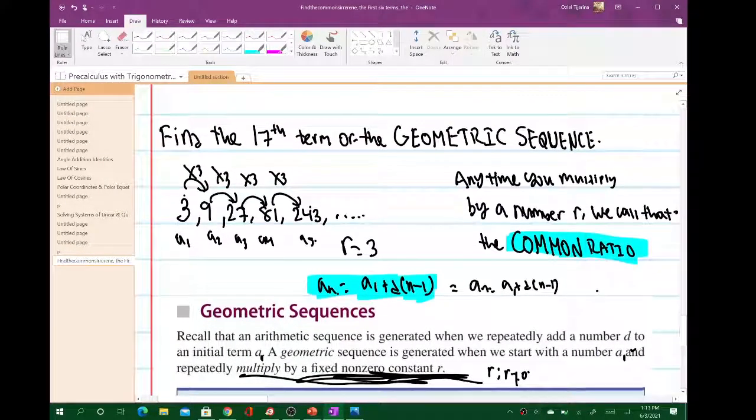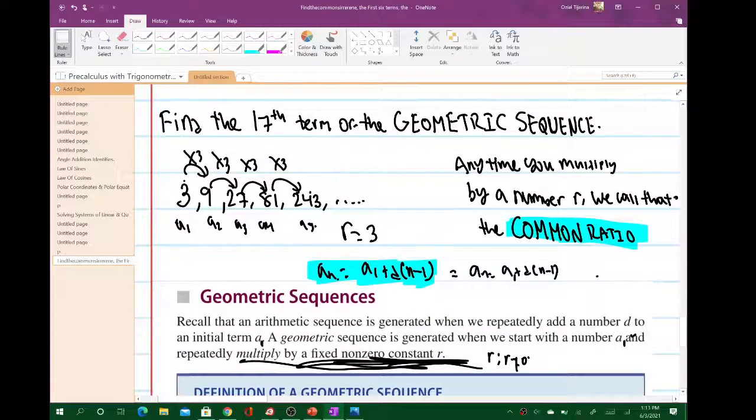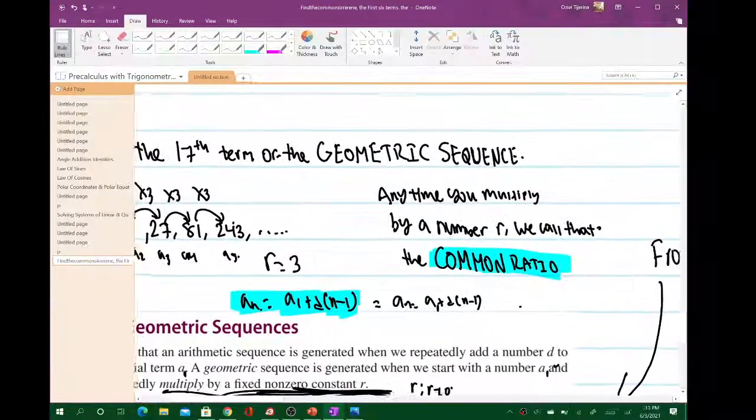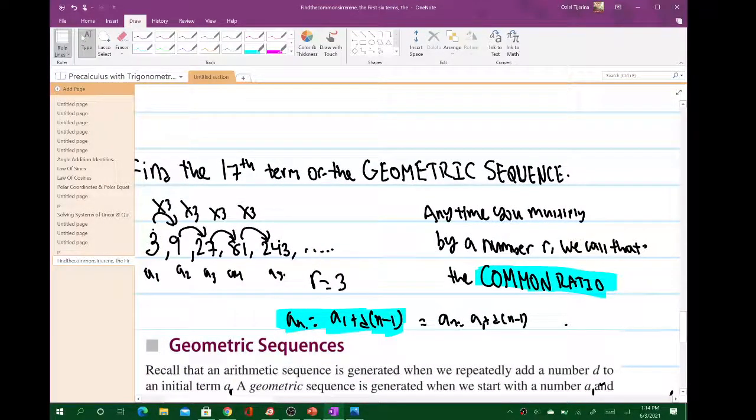We want to find the 17th term of this geometric sequence. Obviously, we're not going to keep going, saying 243 times 3, over and over until we get to the 17th term, because it gets a lot harder.